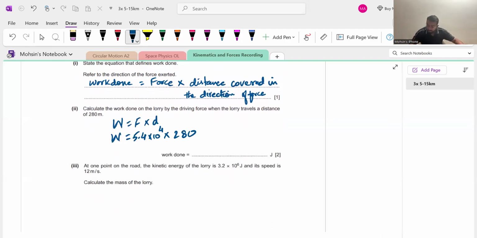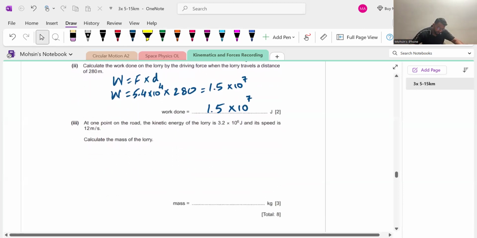If we multiply 280 by 5.4 times 10 to the power 4, it is 1.5 times 10 to the power 7. It is joules, it is written there, so no need to worry.